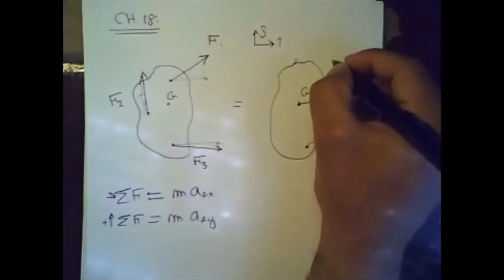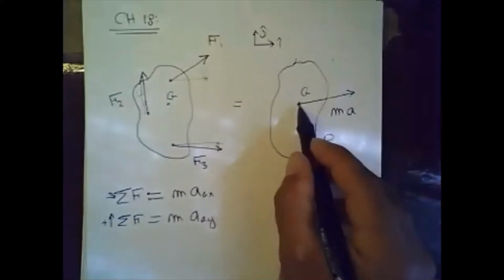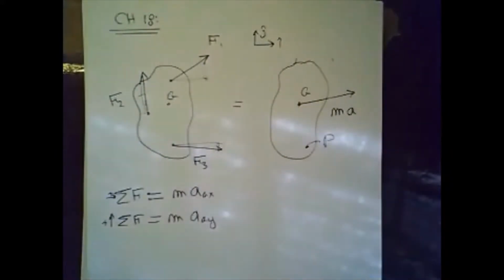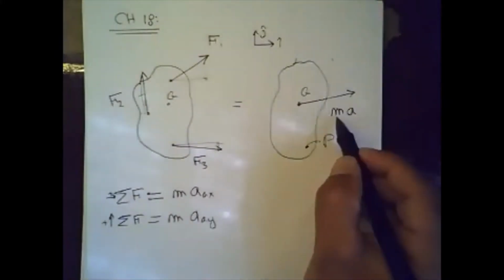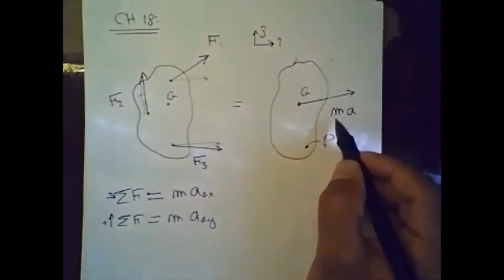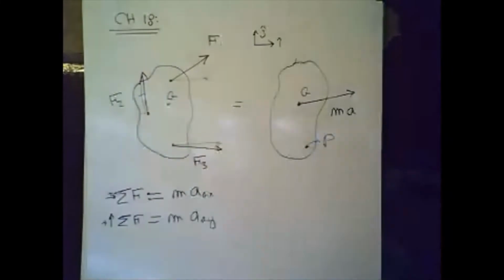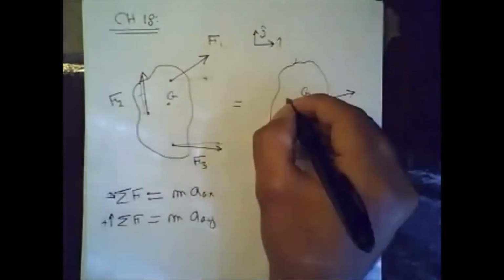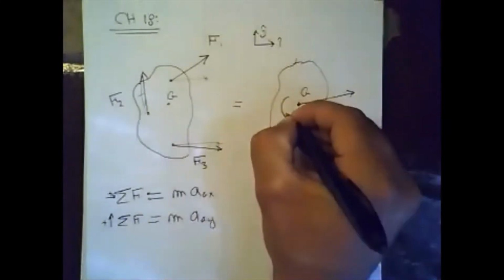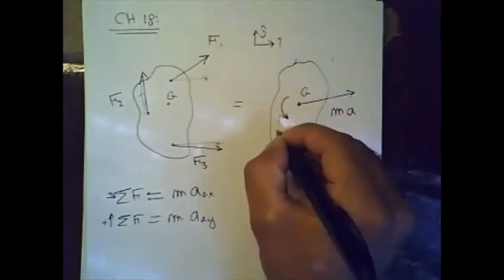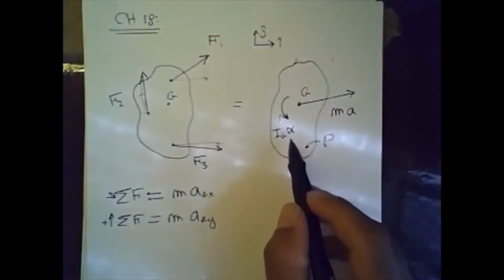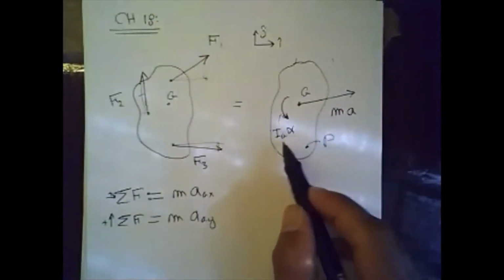Here's what happens. At the center of gravity, we have m a, and every rigid body has this mass, which is a property of the rigid body. It has another property, called rotational mass, which is the moment of inertia. So what you are going to do is add this term, which is I_G alpha. I_G alpha is like the rotational mass of that rigid body.